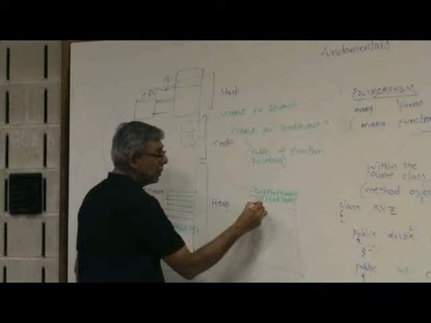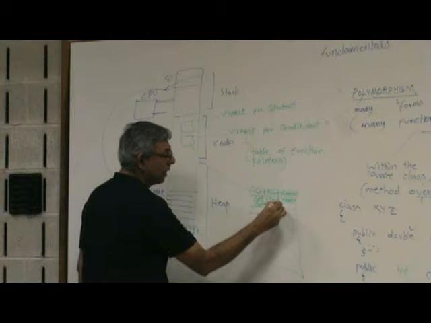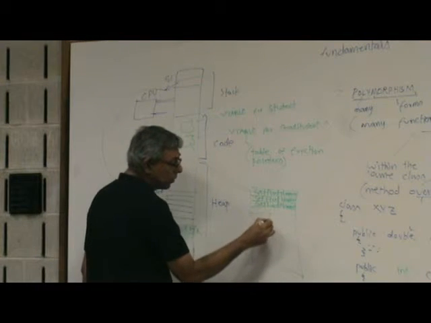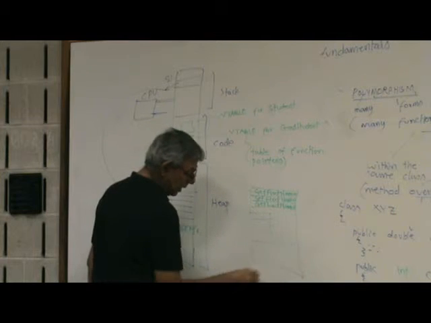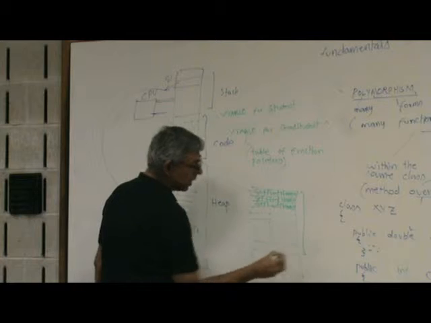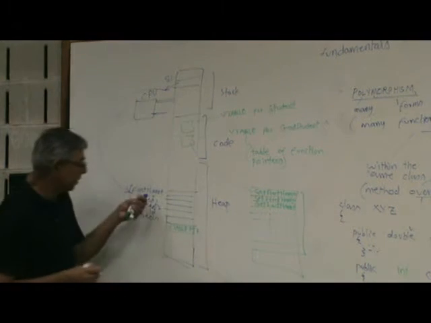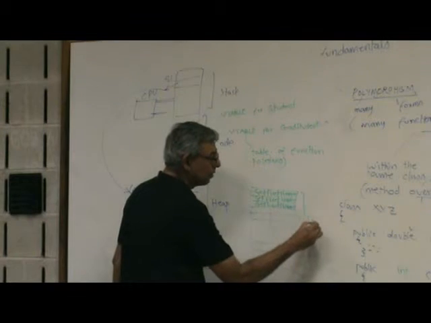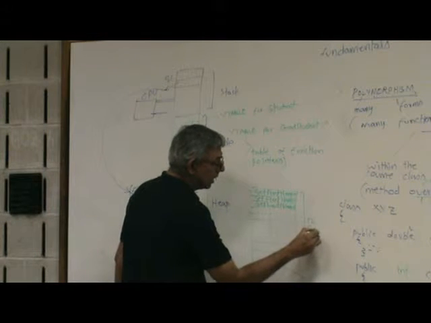Get last name, set last name, correct? So each one of those properties that we write gets translated into these. If we have 6 fields over here, 12 of these. So 12 get and set functions.